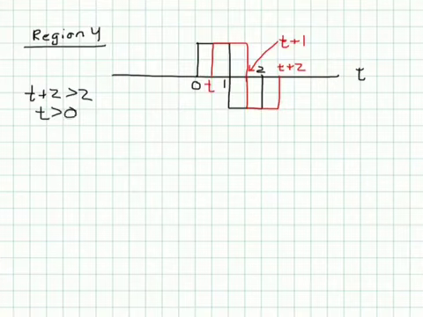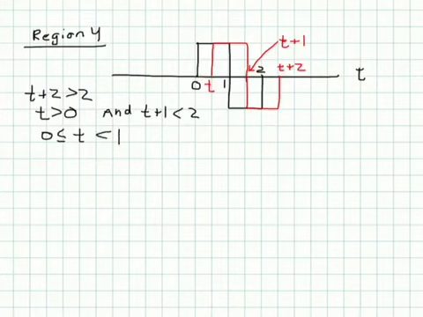And yet t plus 1 is still less than 2, so that we're still in there. So t is between 0 and 1. Okay, that is the next region.